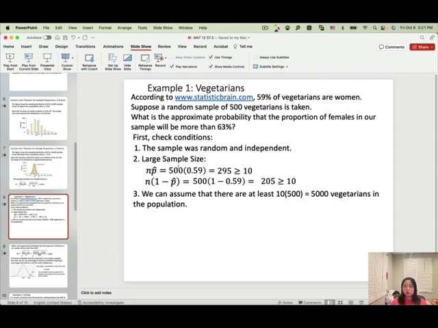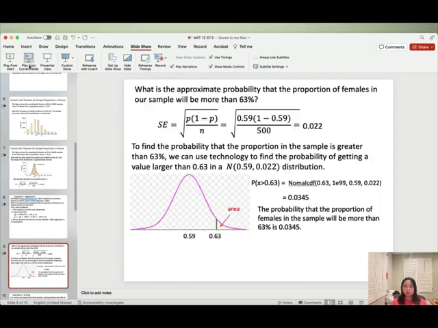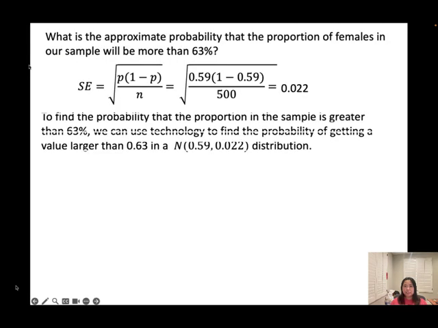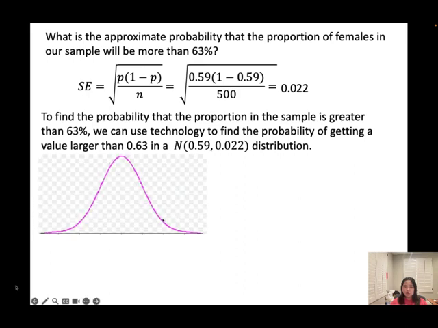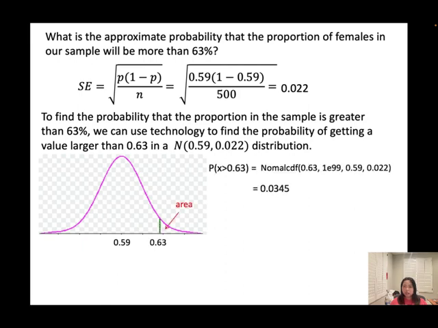The mean will be the population proportion or the sample proportion. Then we find the standard deviation. After you have the mean and the standard deviation, it fulfills the conditions for the central limit theorem. Then you will have a normal distribution here, and here we're going to find the area.